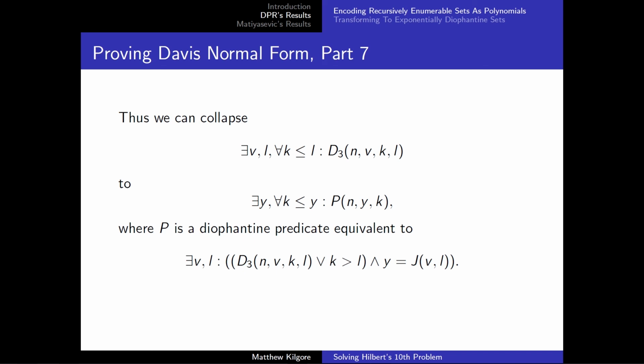So in other words, we trace all the way up to L of y and then ignore anything above it. Thus we have Davis normal form.